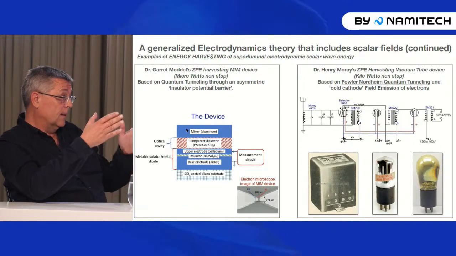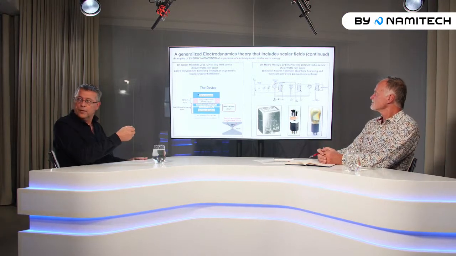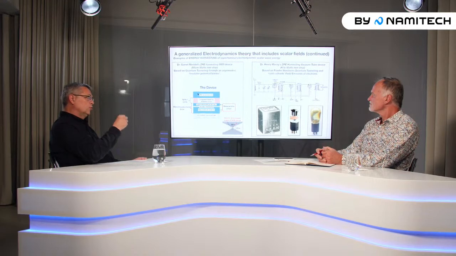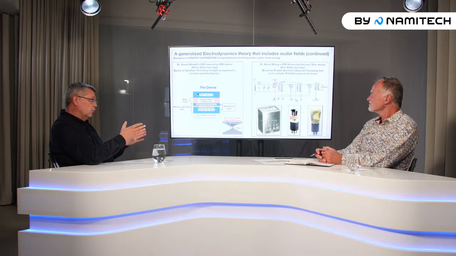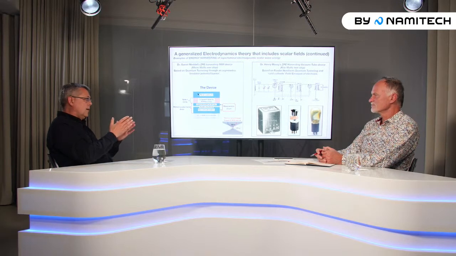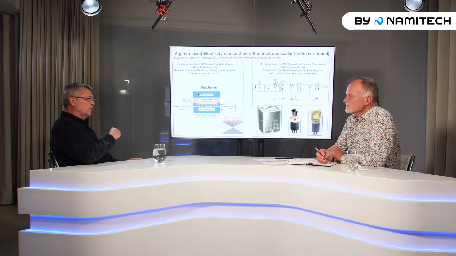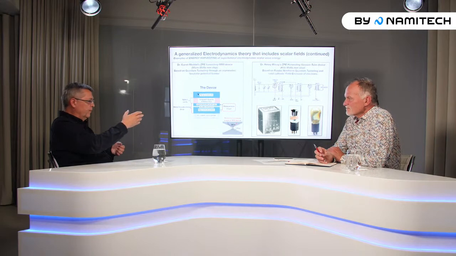But I've analyzed the physics of this device, which is very interesting. In these vacuum tubes that were applied by Moray, they were applied in an unusual way. Usually vacuum tubes work because we heat up the cathode, and then we get thermionic emission of electrons from the cathode into the tube itself, into the vacuum.